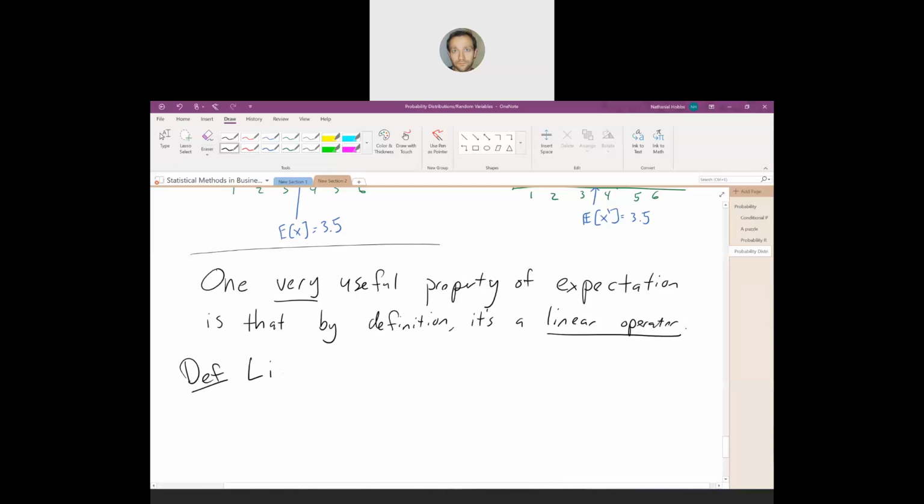Definition. This is also called the linearity of expectation.